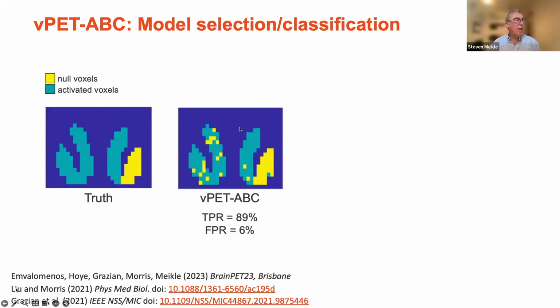And this is our map of the results from VPET ABC, where the true positives are shown in green, true negatives in yellow. And you can see there are just a relatively small number of false negatives and just the odd false positive. So our true prediction ratio was 89%. The false prediction ratio was 6% in this experiment.